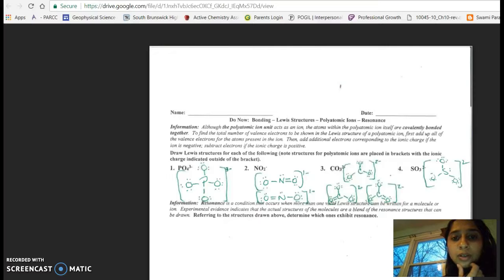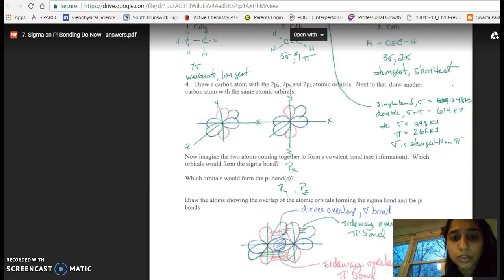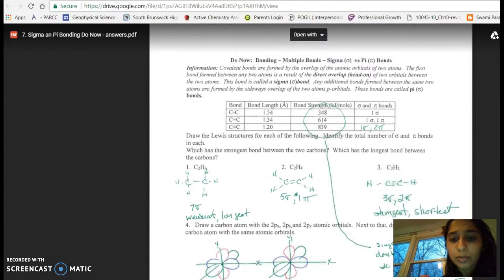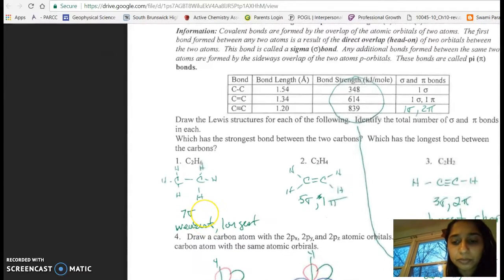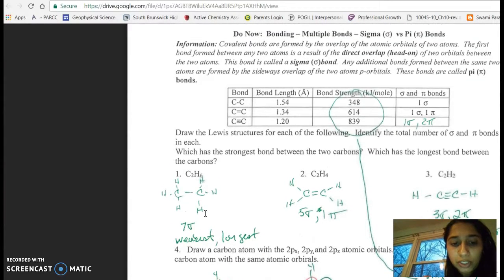Okay. The one that you probably struggled with a lot was your sigma and pi bonds. Now, sigma bonds are your single bonds. So how many sigma bonds do we have here? 1, 2, 3, 4, 5, 6, 7. 7 sigma bonds.